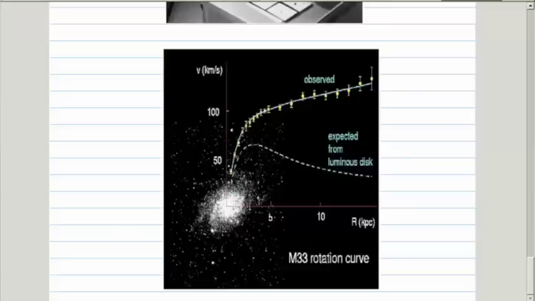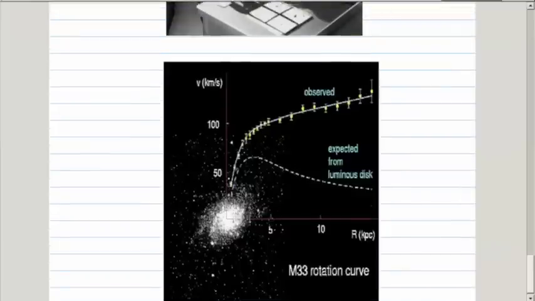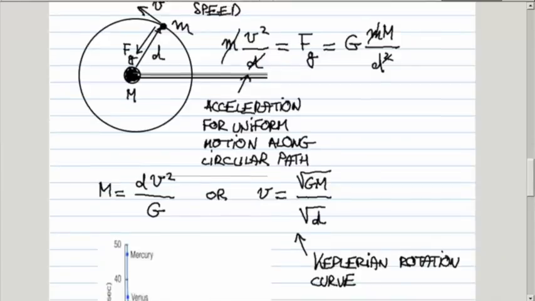If you believe that they are correct, what this observation implies is that as you move beyond, say, the visible edge of the galaxy, there is actually more mass there that you can't see, right? Because look at the relation that we obtained here. If this stays constant beyond a certain distance, in spite of increasing distance, that means that the mass has to increase with distance.